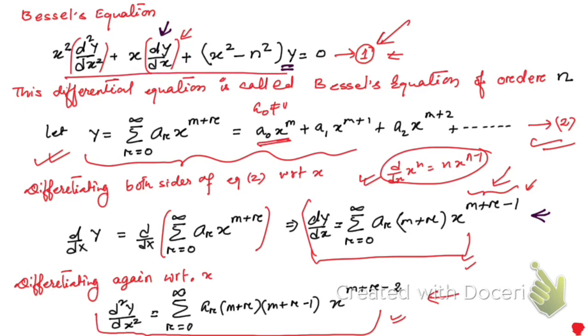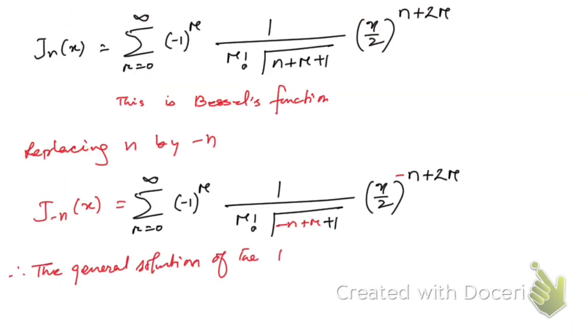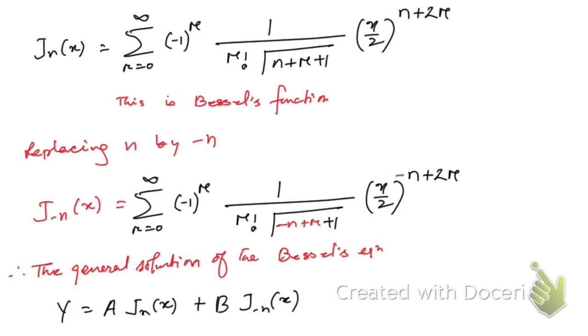This is Bessel's equation, and the solution of this equation can be written as y is equal to A, which is a constant, times J n of x, plus B, capital B, another constant, times J minus n of x. So combining these two, we get the general solution of the Bessel's equation, right? So hope you have understood this.